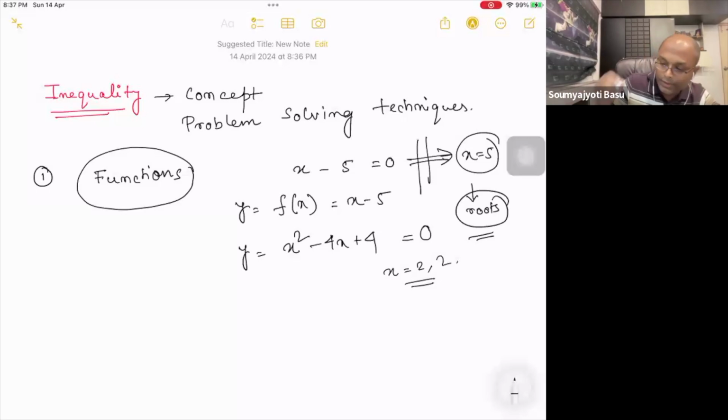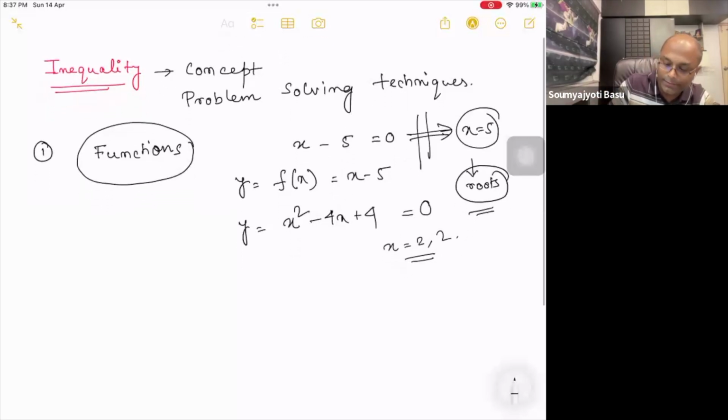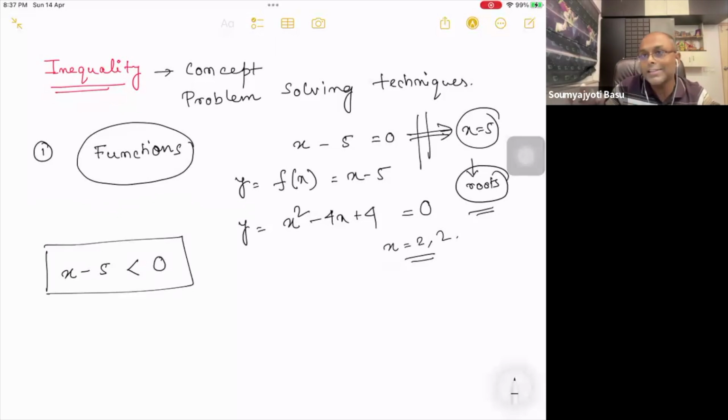So the first equation, let's say x minus 5. If you convert it to x minus 5 less than 0, this is not an equation, this is an inequation. You are trying to find the inequality of the function to 0, basically less than 0. It can also be greater than 0, whichever way you try to find out.